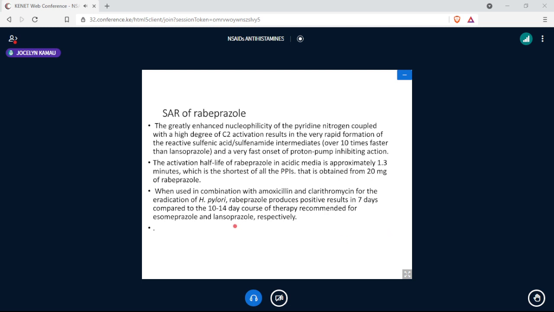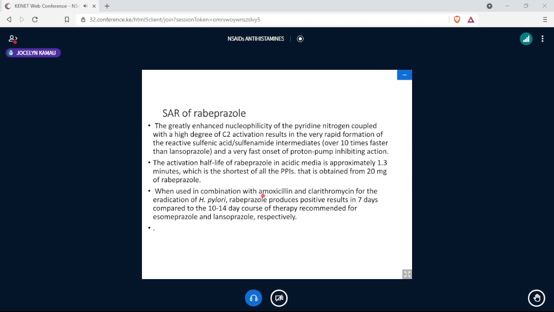All we are saying is that when used in combination with amoxicillin and clarithromycin for the eradication of H. pylori, rabeprazole produces positive results in 7 days compared to the 10 to 14-day course of therapy recommended for esomeprazole and lansoprazole, respectively. So because of the structure, the reactivity of rabeprazole is higher.